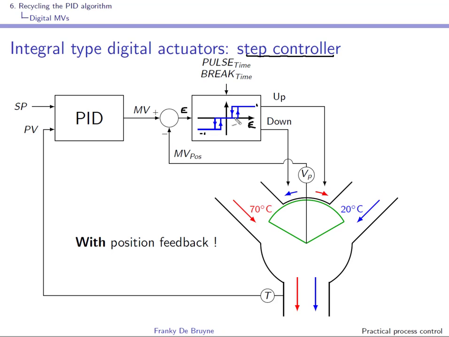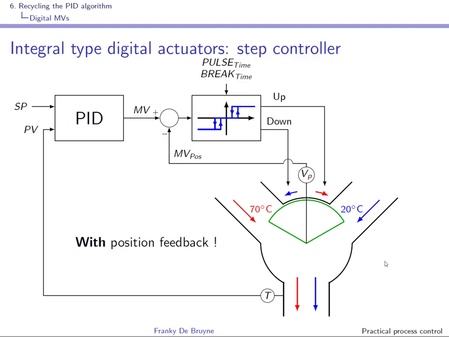As you can see here, using this width, you can make sure that there is a minimum break time, and using this hysteresis, you can impose a minimum pulse time. So this is a nonlinearity that is also called a 3-point hysteresis.